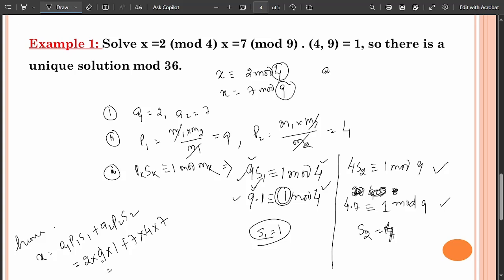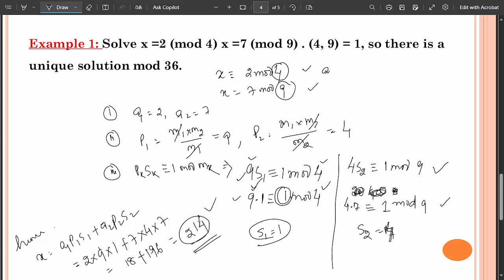This will be 18 plus 196, which is 214. So this is the answer, the common solution of these two equations.